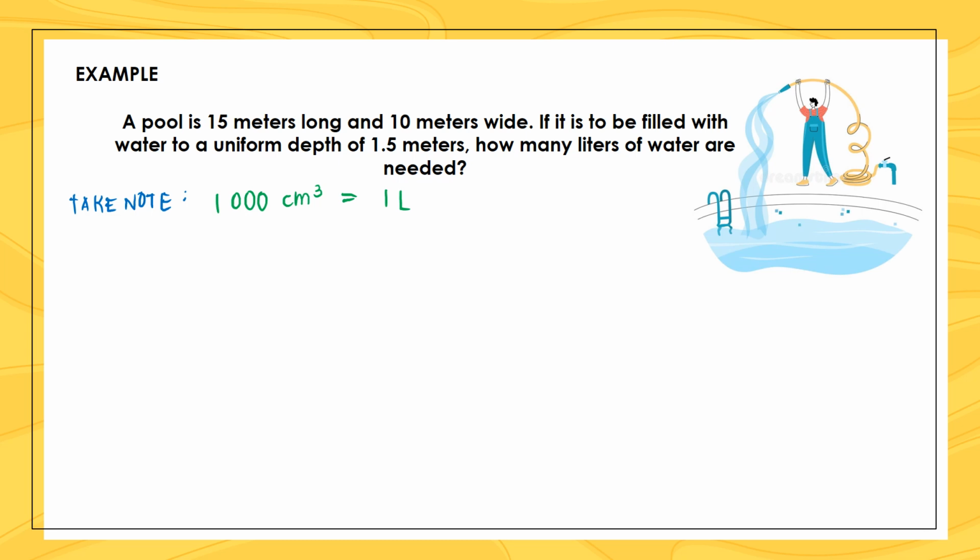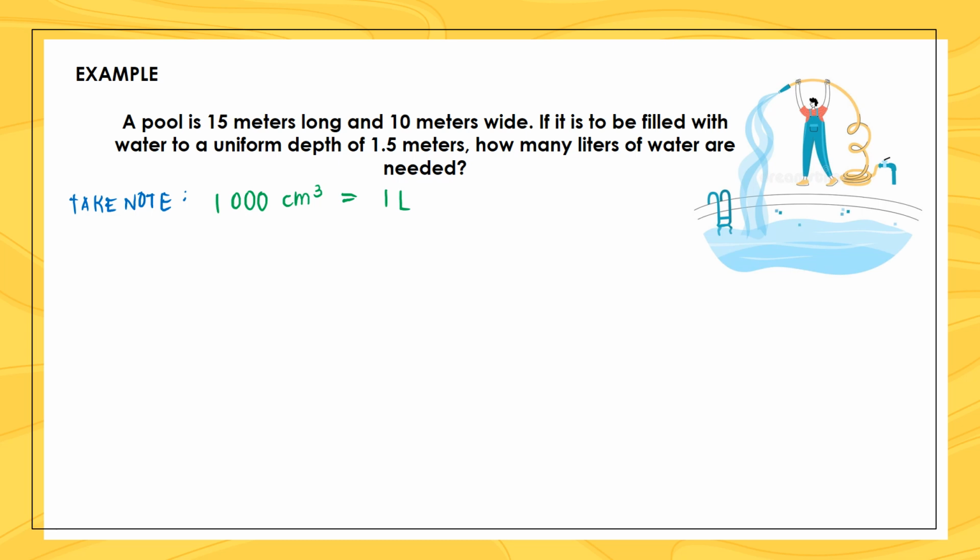Since the dimension of the pool is given in length, therefore we will use this conversion factor, okay? Now, since we only know that cubic centimeter is equal to a liter, therefore we need to convert meters into centimeters.